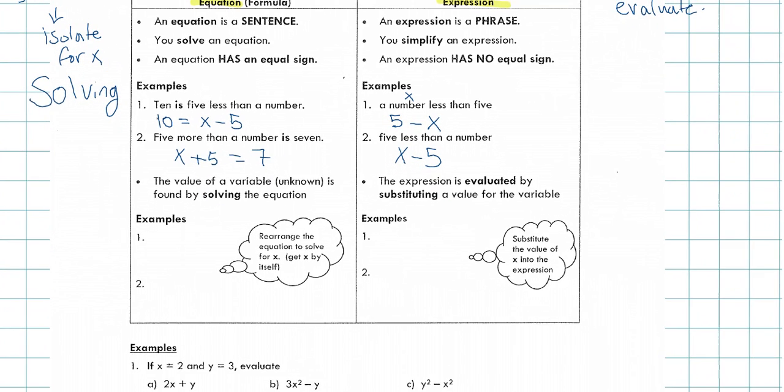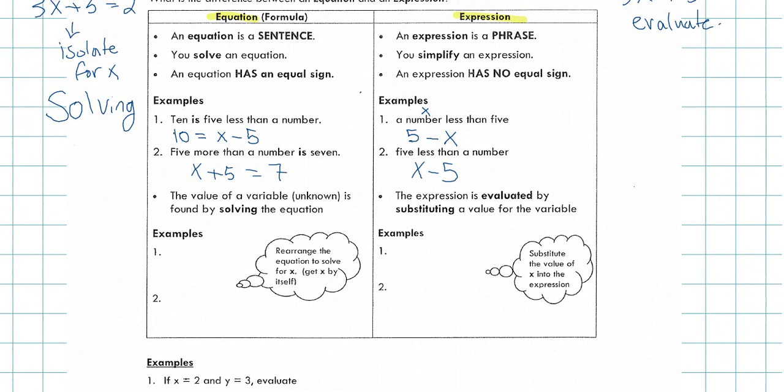So as an equation, I can solve, right? Remember I said that earlier. So as an equation, you can solve the equation. And to solve the equation, you rearrange the equation to isolate for x. Okay? So if I want to isolate for x here, let's take the first example. So I have 10 equal x minus 5. How do I isolate for x?